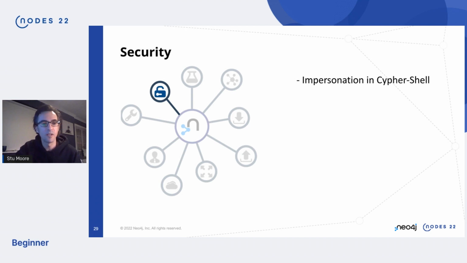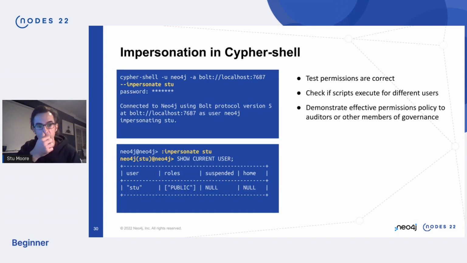On the security front, we introduced impersonation. You could configure impersonation in the Cypher shell. You could use it in drivers. But what you weren't able to do was impersonate within the shell. So we've introduced the ability to start the shell impersonating a user, or once you're in the shell, to do :impersonate and then the username.